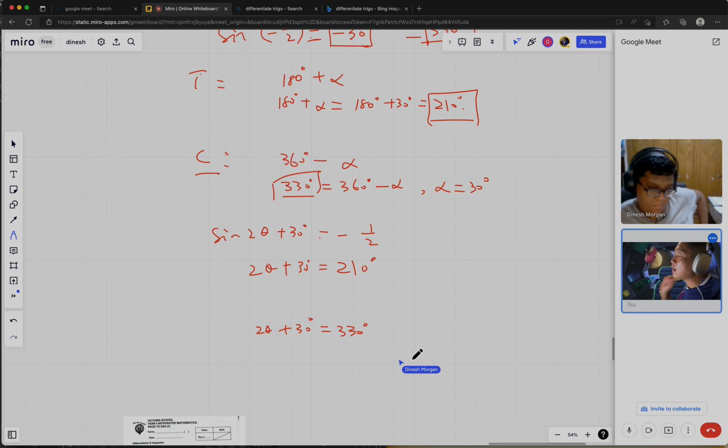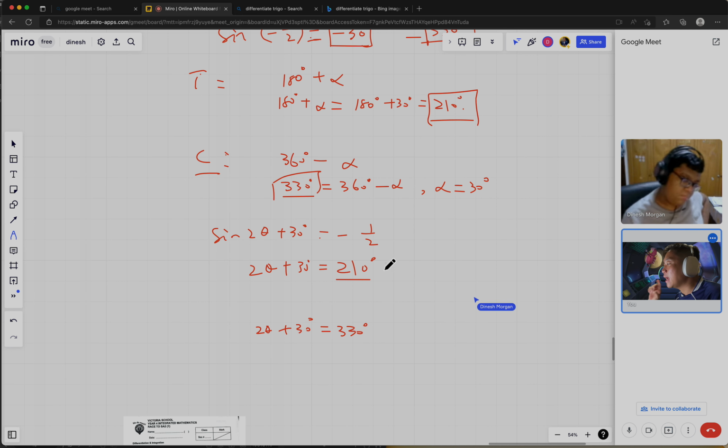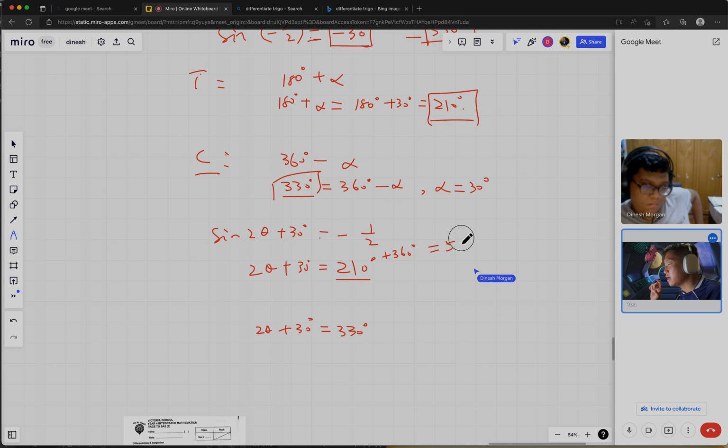Now, 210, and if you add 360 to it, you get 570. 210 and 570 refer to the same position, right? Similarly, I can also minus 360 from it, because it refers to the same position.